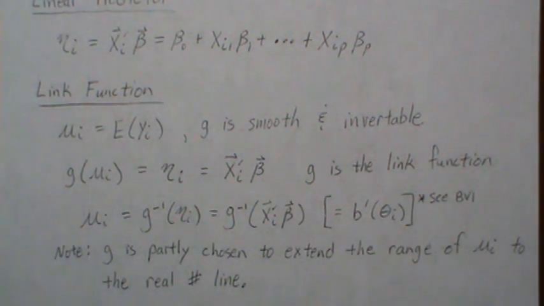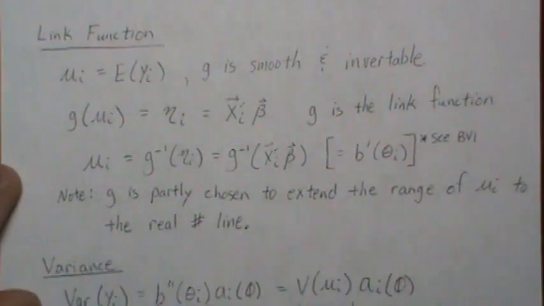Same with the binomial distribution. Our data are 0, 1 variables, but the mean can take on any value between 0 and 1, so we need a link function that maps the 0 through 1 interval to the real number line. And so that's partly what the link function does.